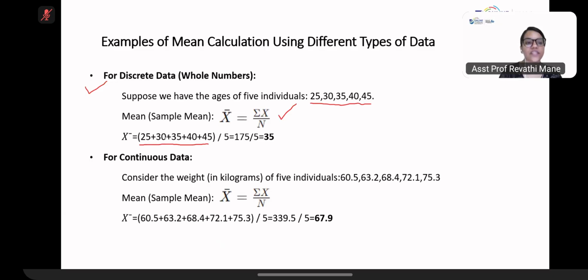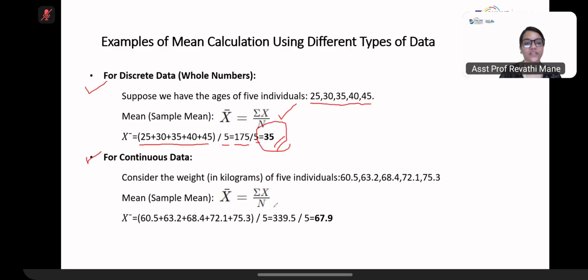That will be 25 plus 30 plus 35 plus 40 plus 45, which will give you the answer as 175. And divide that by the number of items in the set. So how many numbers are there? 5 numbers. 175 divided by 5 is 35, which is your mean calculation. So this is for discrete data.